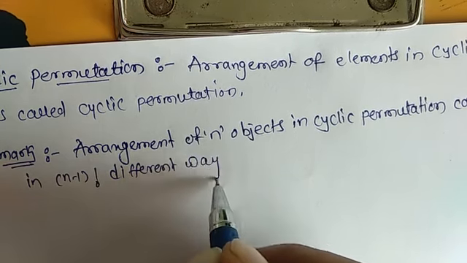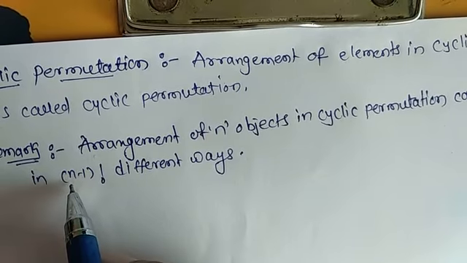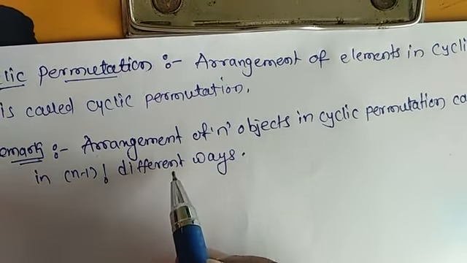That means if there are n objects, then they can be arranged in n-1 factorial different ways.